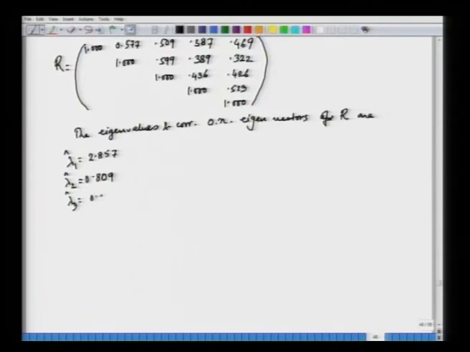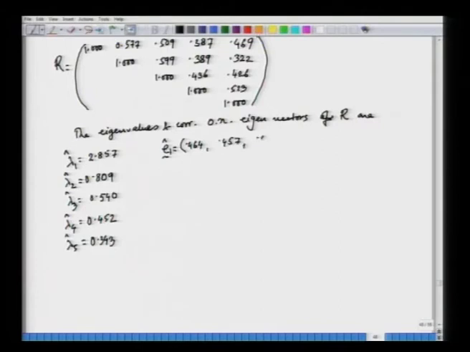Lambda 3 hat is 0.540, lambda 4 hat is 0.452, and lambda 5 hat is 0.343.